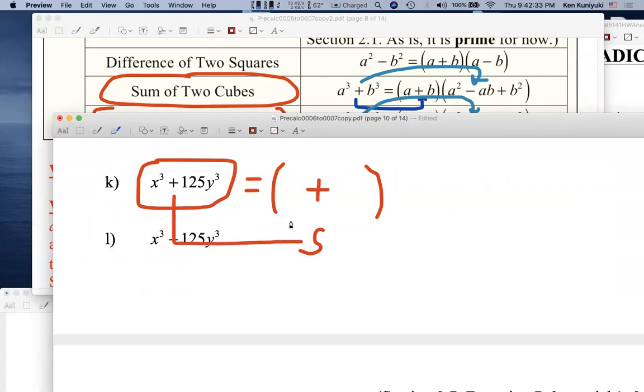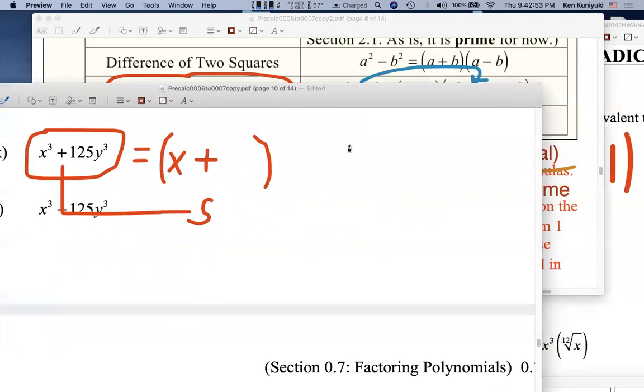Then I'm basically asking, what are the cube roots? The cube root of a cubed is a. The cube root of b cubed is b. What's the cube root of x cubed? That's going to be x. X is the thing such that when you cube it, you get x cubed. Now, what's the cube root of 125y cubed?